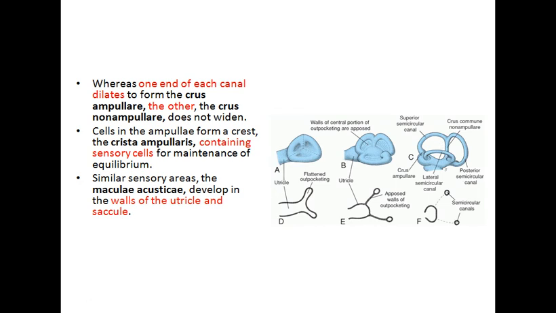When we look at the canals, each end of the canal has a dilated end known as crus ampullare. ठीक है, और जो remaining पतला वाला part होगा that will be crus non ampullare, right?